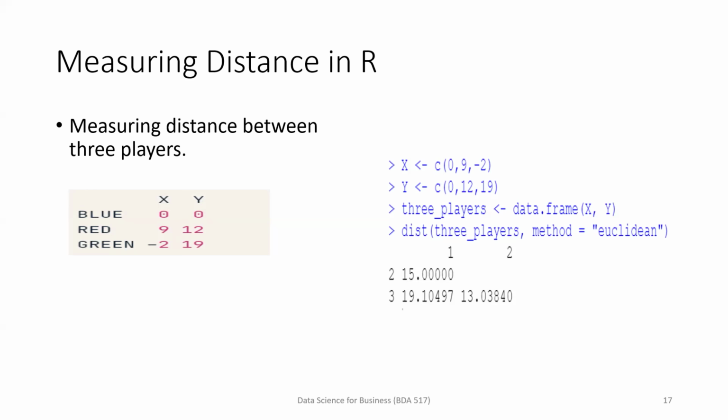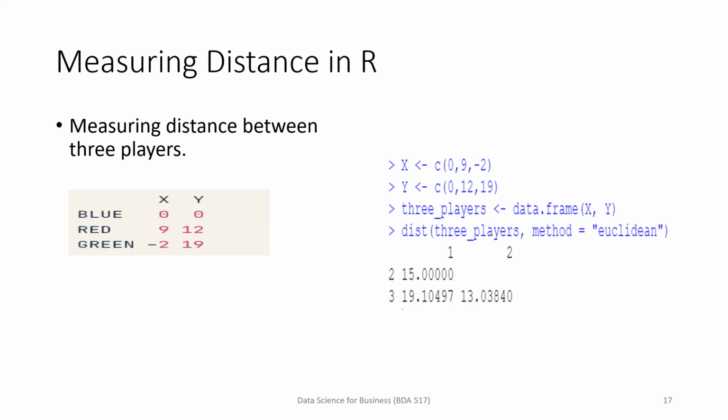Was somebody asking a question? Yes, Christiana, please go ahead. Why is it that we are still using the coordinates X and Y for the 3 players? Yes, but that is their position. When you run it, what does it say? Error in data frame X and Y. Oh, you shouldn't be having error. Okay, share your screen. Let's see.